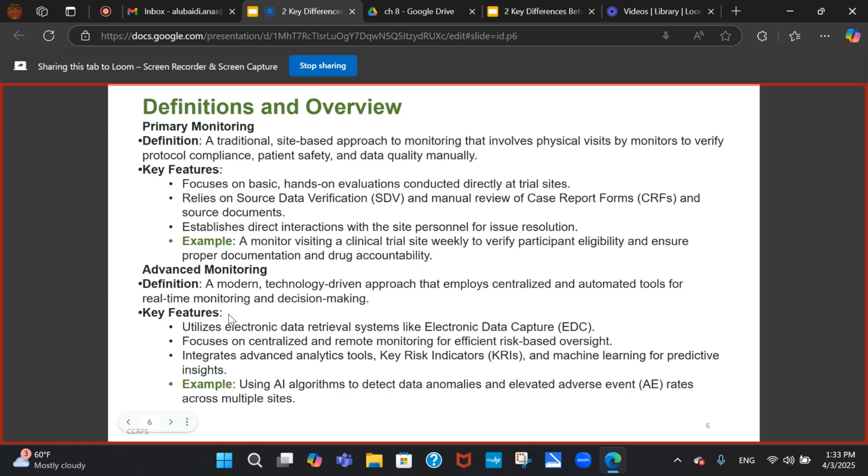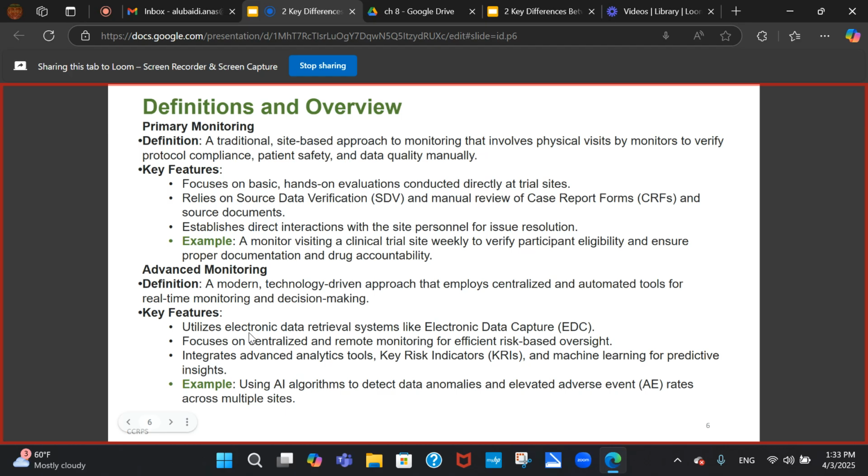And the key features here: it utilizes electronic data retrieval systems like electronic data capture, EDC, focuses on centralized and remote monitoring for efficient risk-based oversight, and integrates advanced analytics tools, key risk indicators, KRIs, and machine learning for predictive insights.